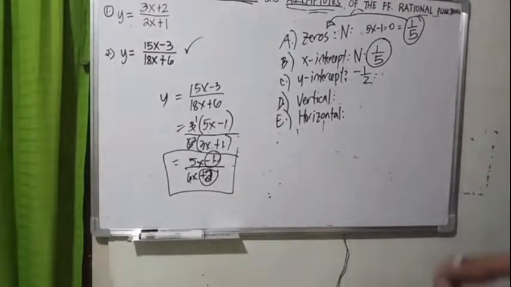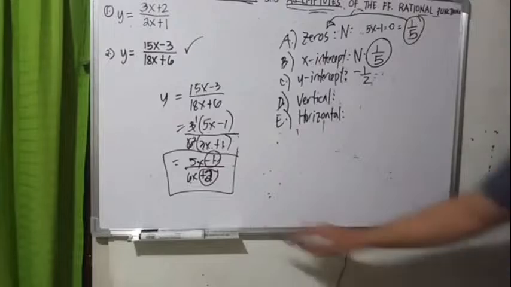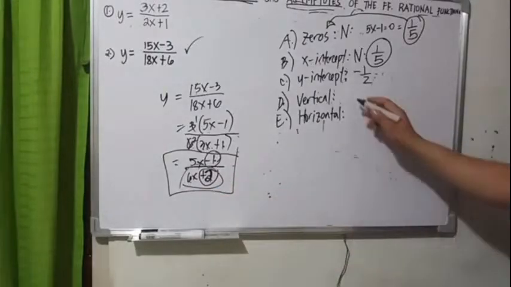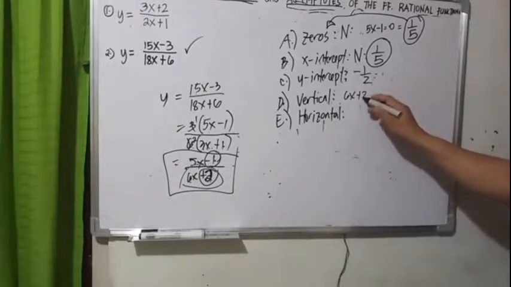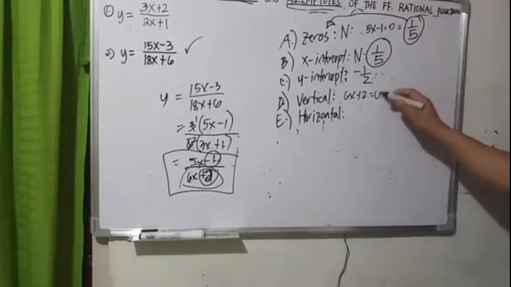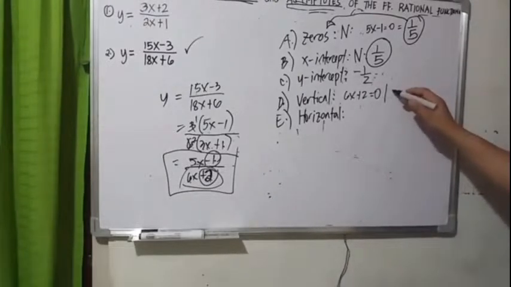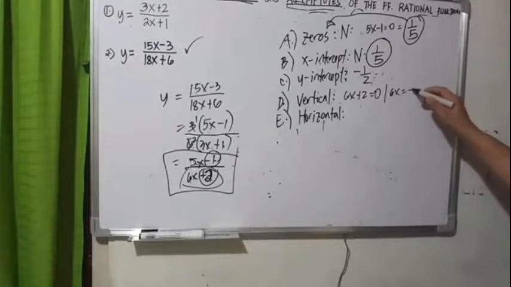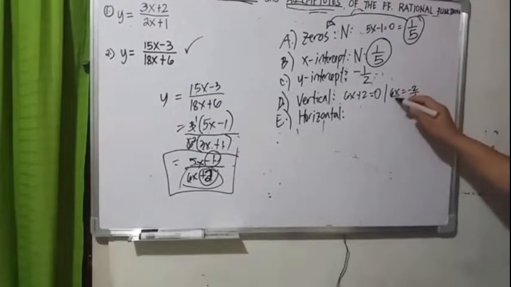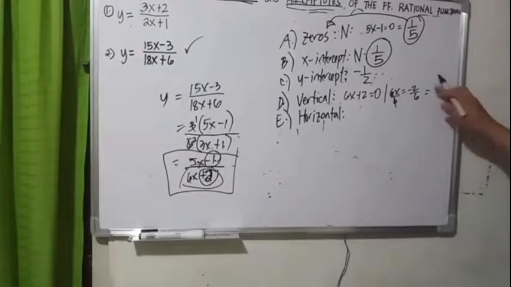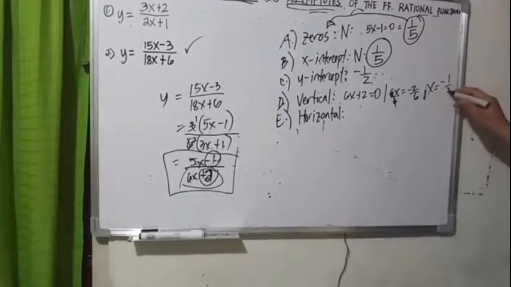Next, for the vertical asymptote, we base it on the denominator. So 6x plus 2 equals 0, then 6x equals negative 2, so x equals negative 1/3.